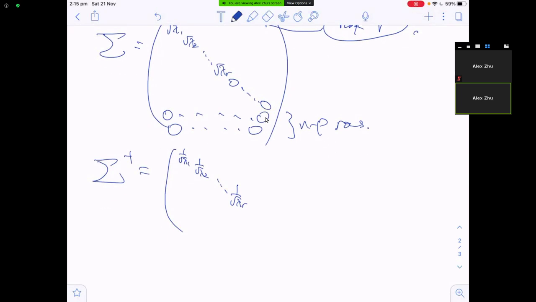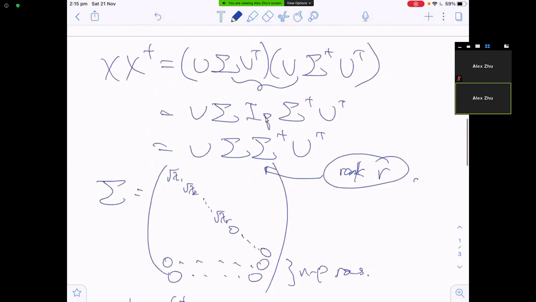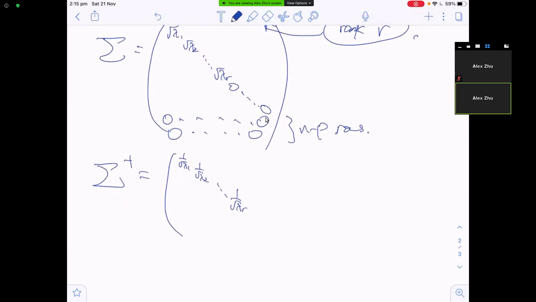The inverse of a diagonal matrix gives you a whole bunch of ones essentially. Same thing here, and you just get a bunch of zeros. There are n minus p columns, and then a whole bunch of zeros here.